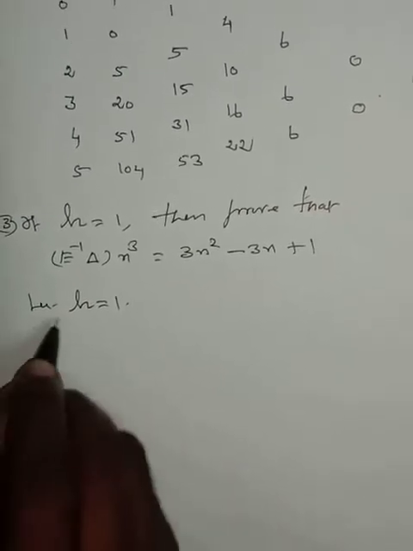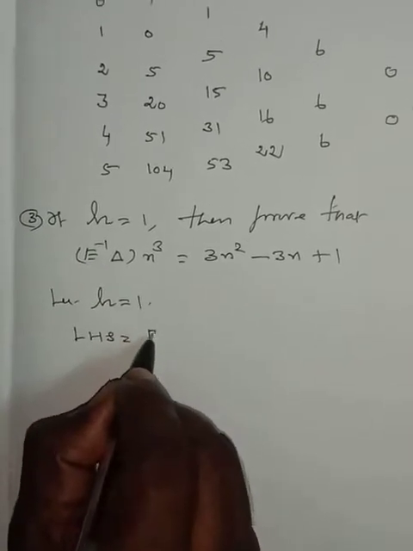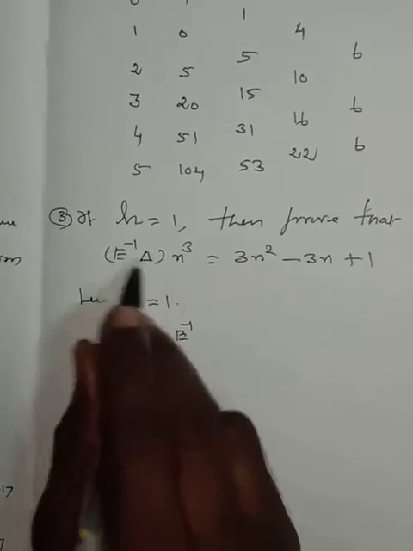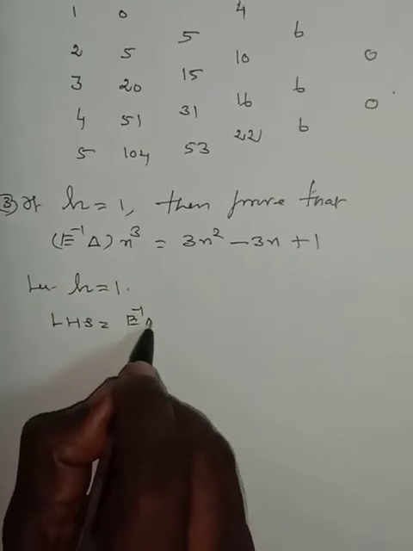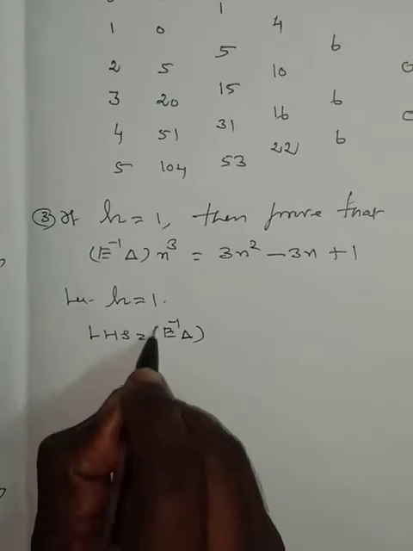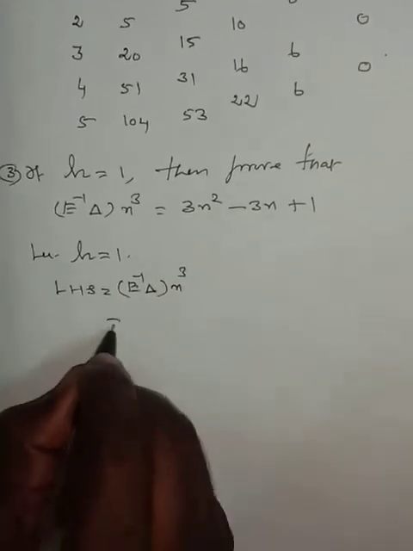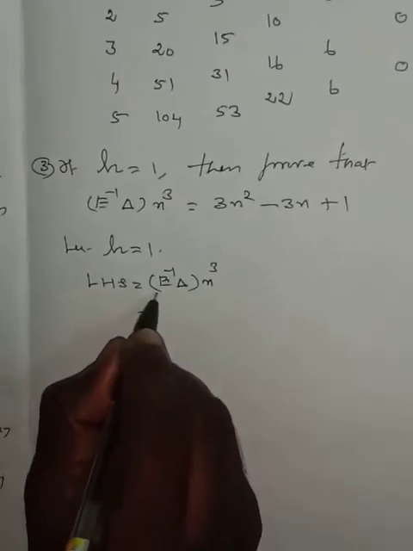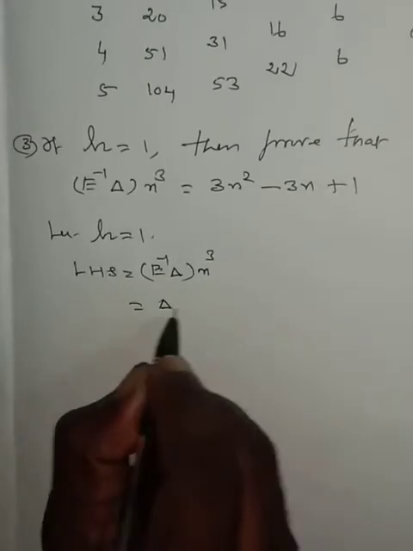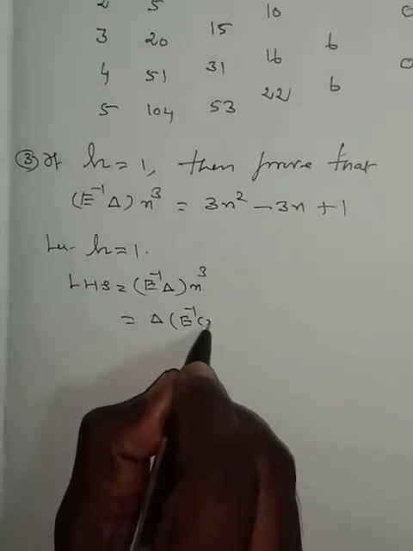Next, LHS is equal to E power minus 1 shifting operator into delta of x power 3, which is equal to, interchanging delta and the shifting operator, delta E to the power of minus 1 x power 3.